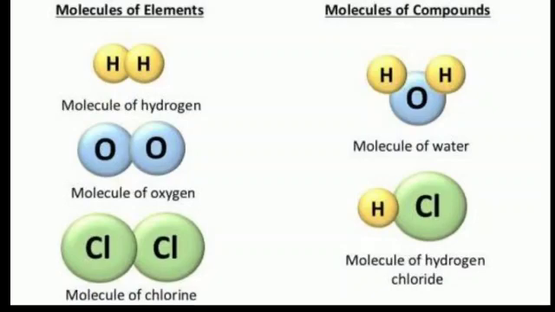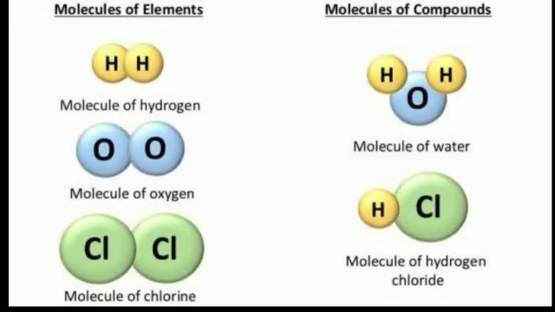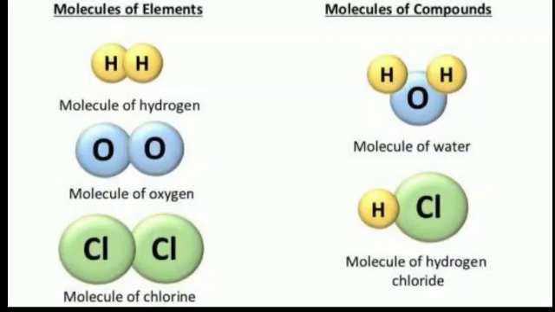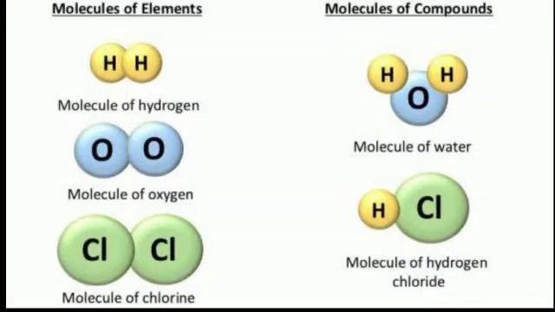Next, let's move on to molecules of compounds. So what are molecules of compounds? When the substances are made up of different kinds of atoms, they are called molecules of compounds. For example, a molecule of water is made up of two hydrogen atoms and one oxygen atom, as you can see in the picture.